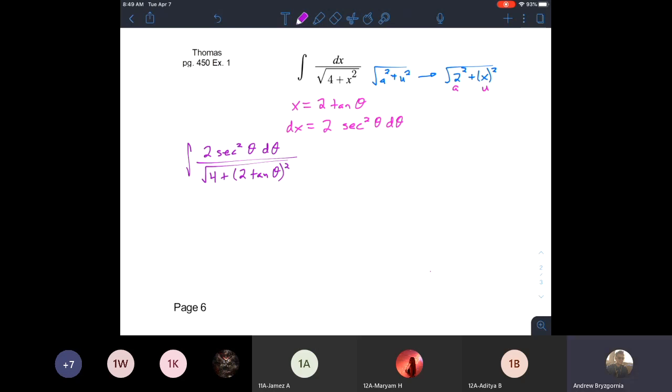And just like what we did in the last problem, we're going to continue simplifying the square root, and hopefully we can get a Pythagorean identity used here.